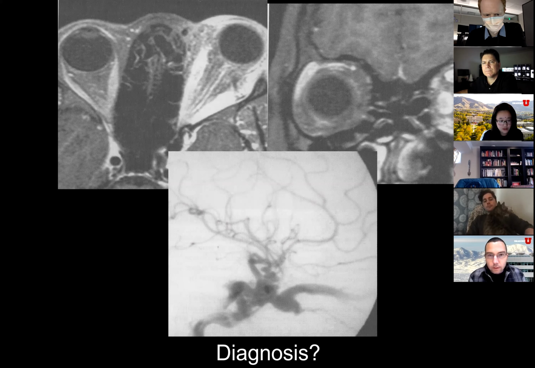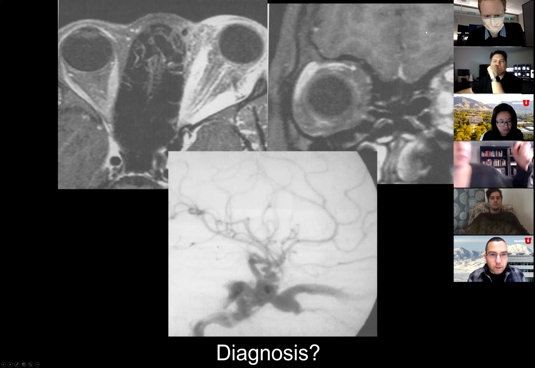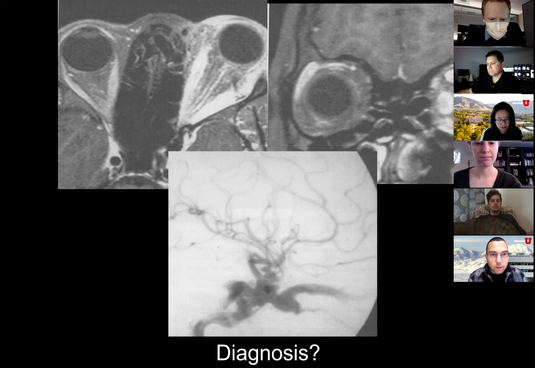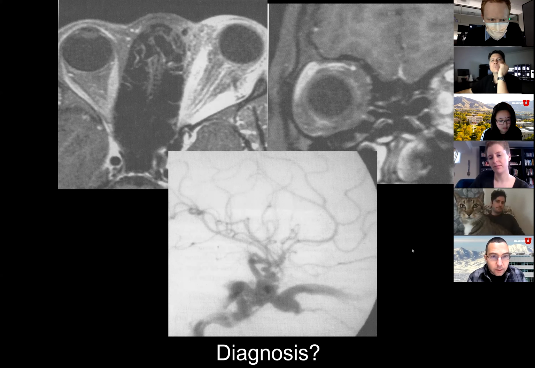So on the left orbit, let's see. So the image on the top left is a non-contrast T2, I think. Let's say those are both T1 post. T1. Oh, okay.